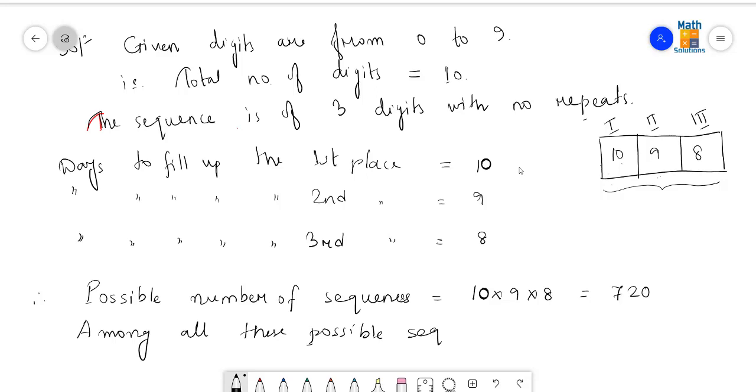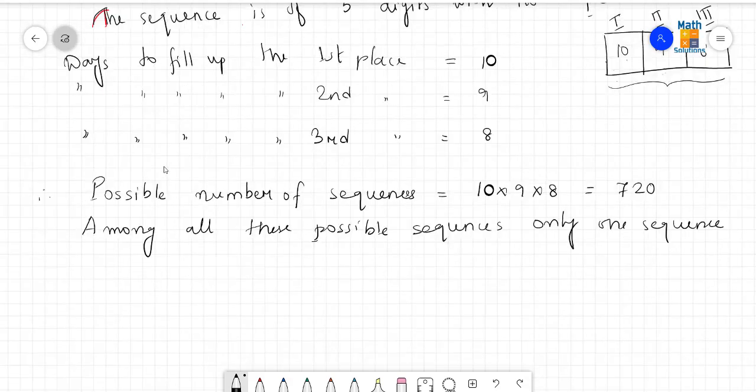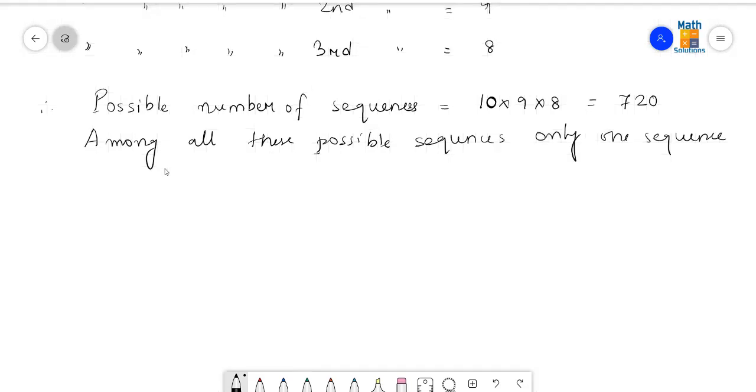So among all the possible sequences, only one sequence will be successful.